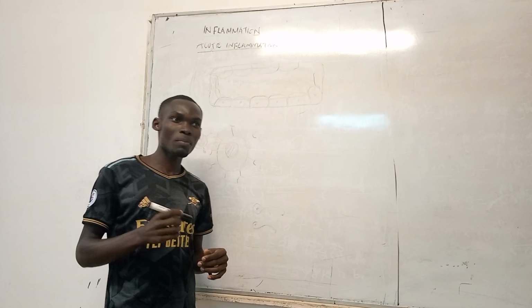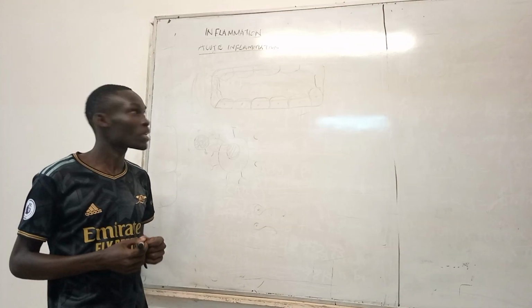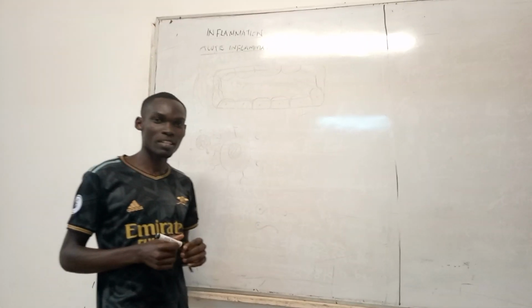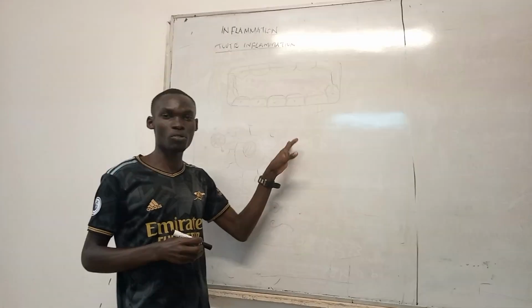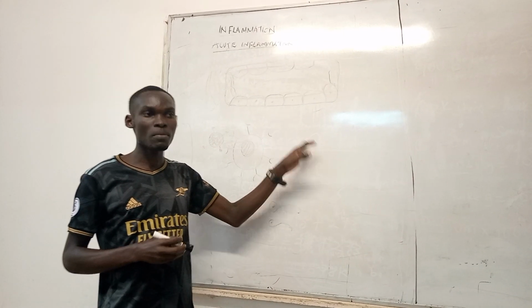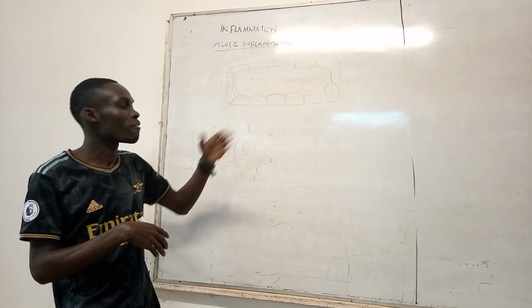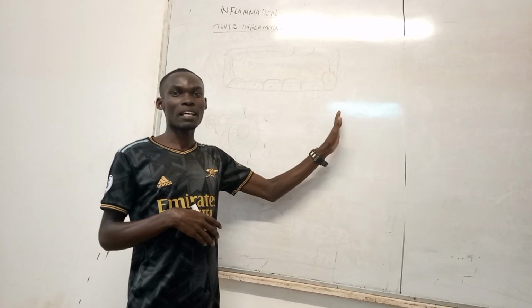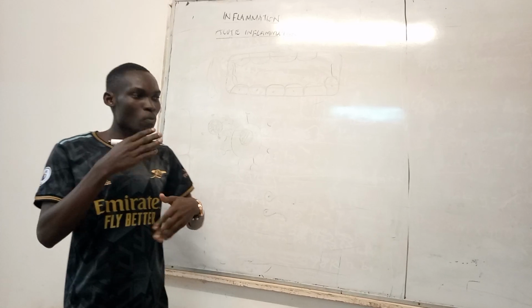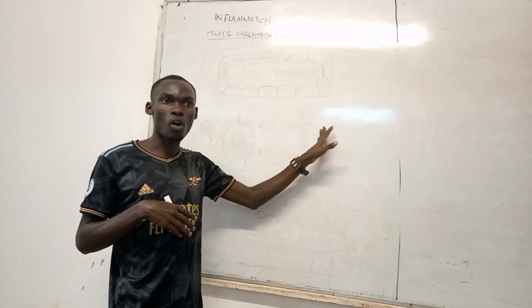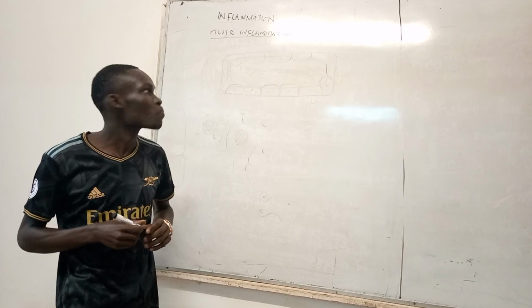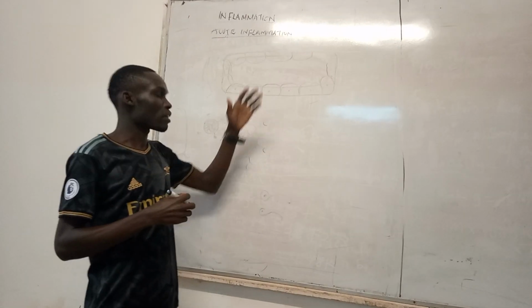So basically, what we mean when we say inflammation is a type of tissue damage that is caused by physical trauma or by an infectious organism, that brings about vascular and cellular events to bring about clearance of the infectious organism or the damaged tissue. So we can recap.